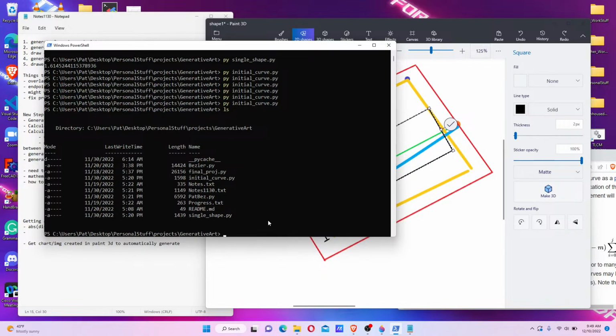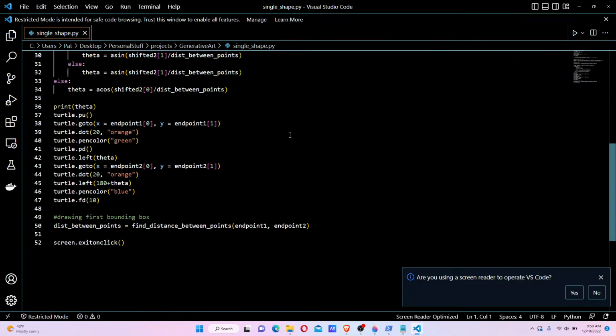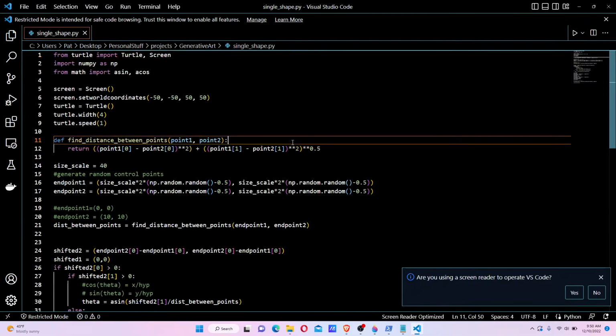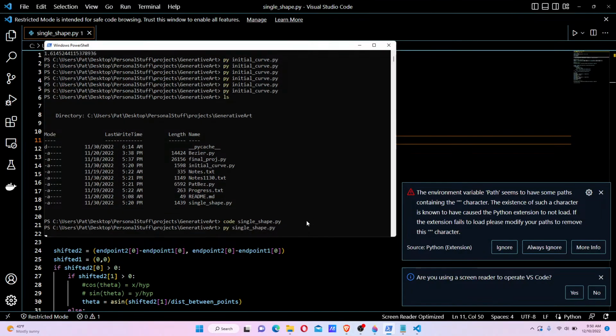So, that file was the initial curve. The new file that I made on the last live stream was, I guess, single shape.py. Okay, so let's see what this runs. Py single shape.py.